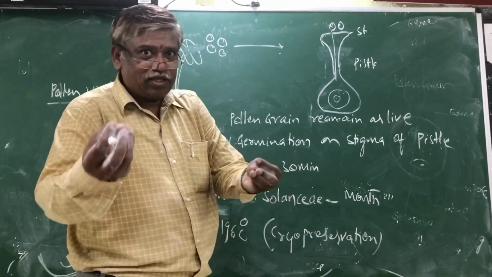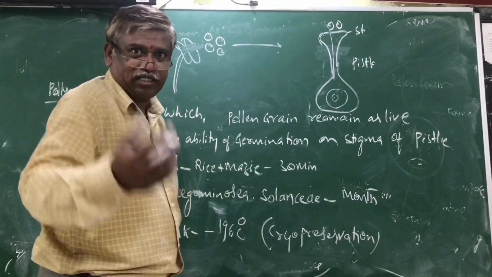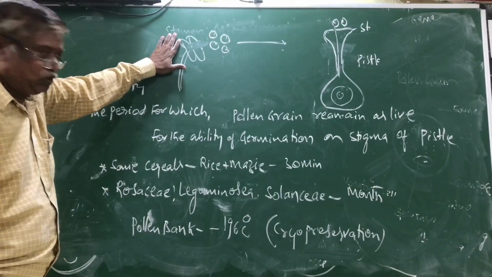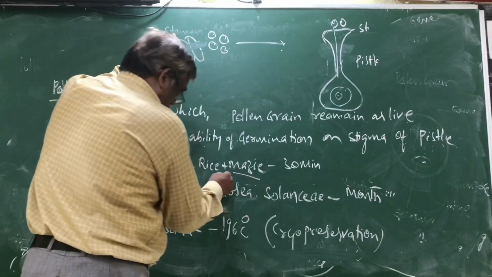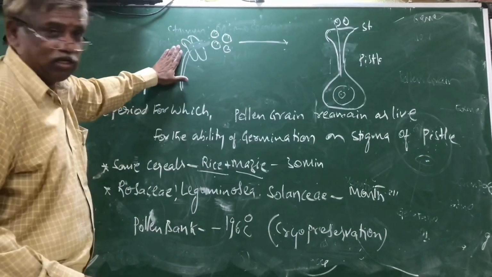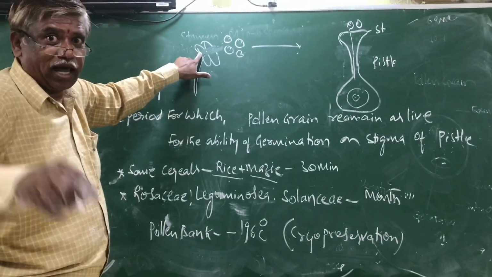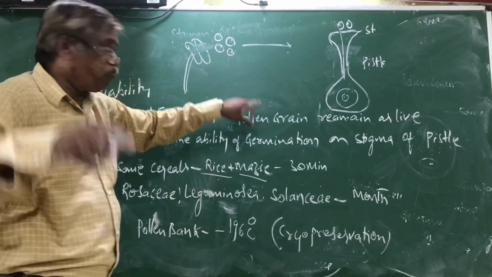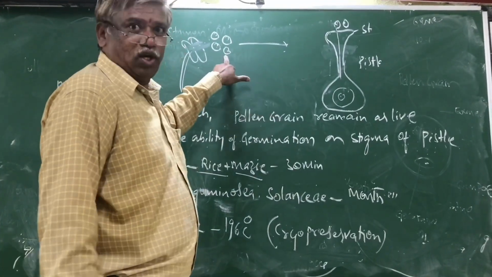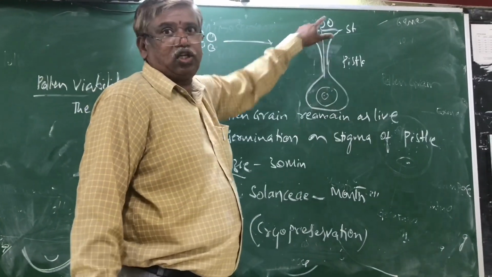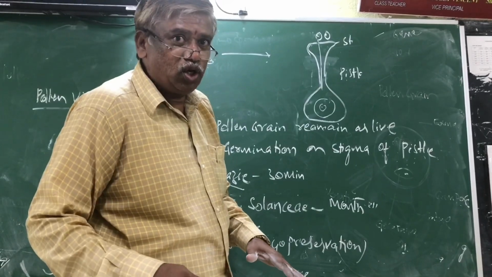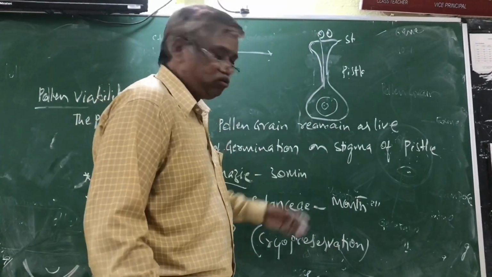If you take some example, you can understand easily. Suppose it is maize. This anther belongs to the maize. Now after dehiscence the pollen grains are present. Within half an hour, 30 minutes, they will reach the stigma. Suppose after half an hour, what happens?